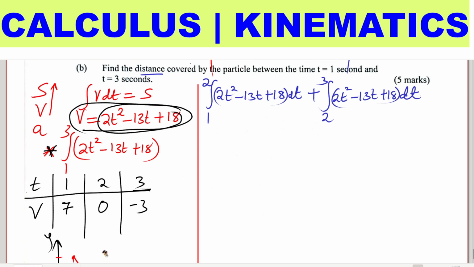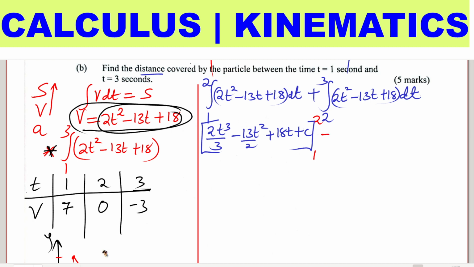So let me begin with this area between 1 and 2. When you integrate, this will give 2t cubed over 3 minus 13t squared over 2 plus 18t plus c, in square brackets, between 1 and 2. I want to finish with this one first.